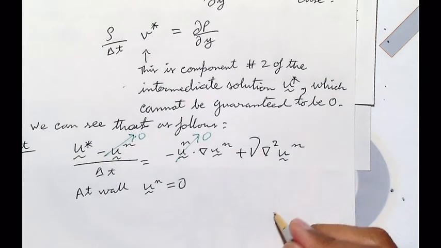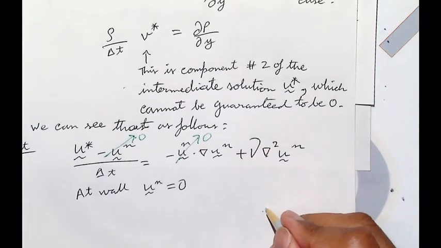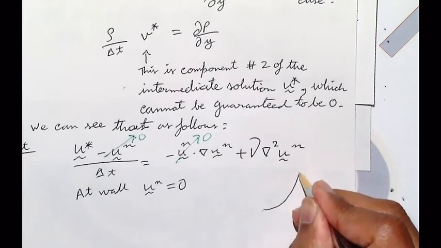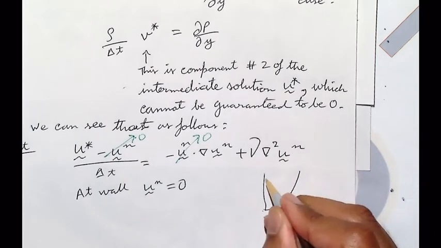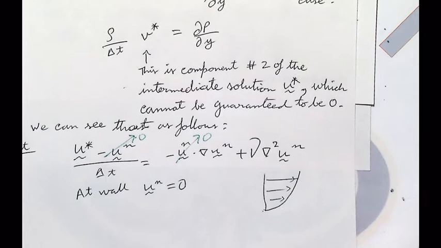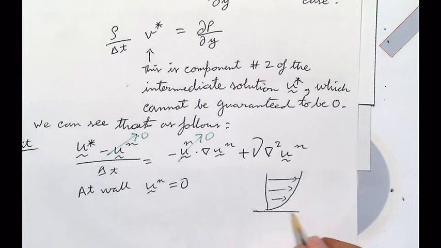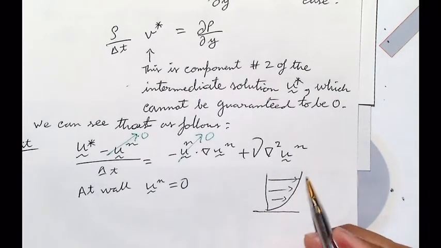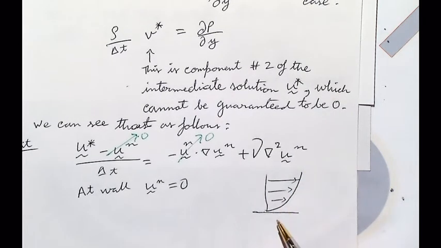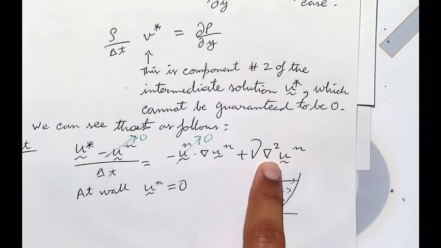Have you seen this profile before? This is basically what the velocity at the wall looks like. And its second derivative is not 0 here. Even if it's a parabolic profile, the second derivative is a constant. So we cannot guarantee that the second derivative will be 0 at the wall.